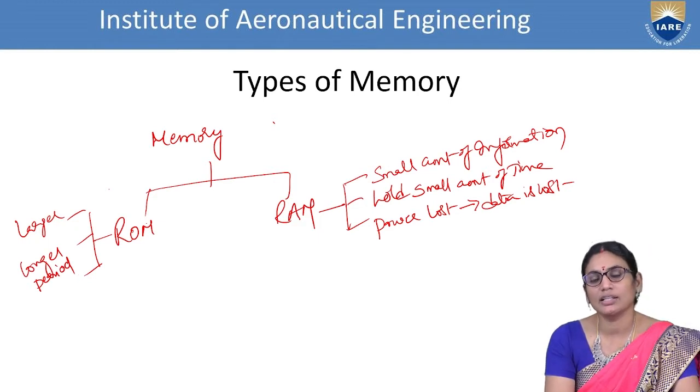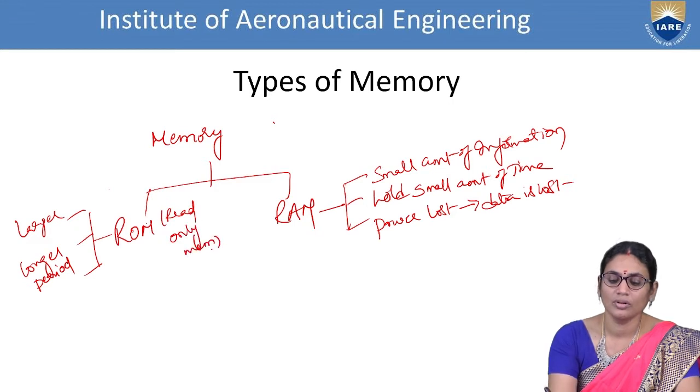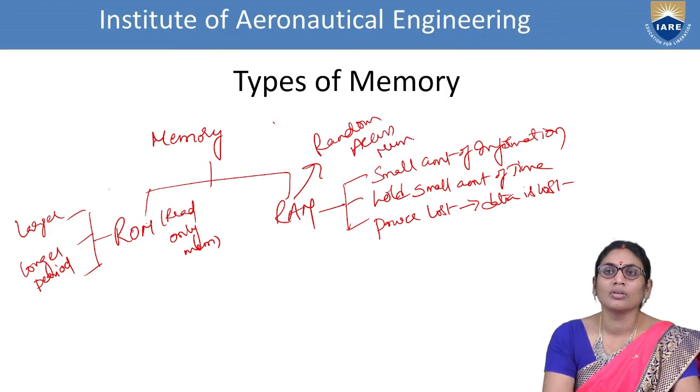RAM represents random access memory and ROM represents read-only memory. So we can say this is read-only memory, and this is random access memory. Here dynamic operations can be performed, but in ROM only stable operations can be performed.